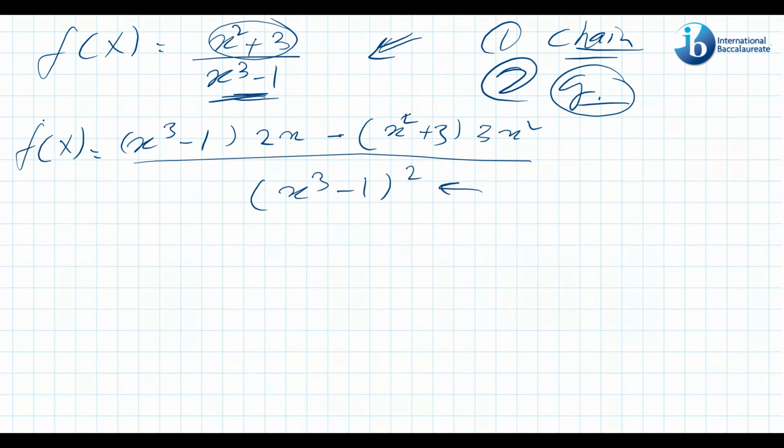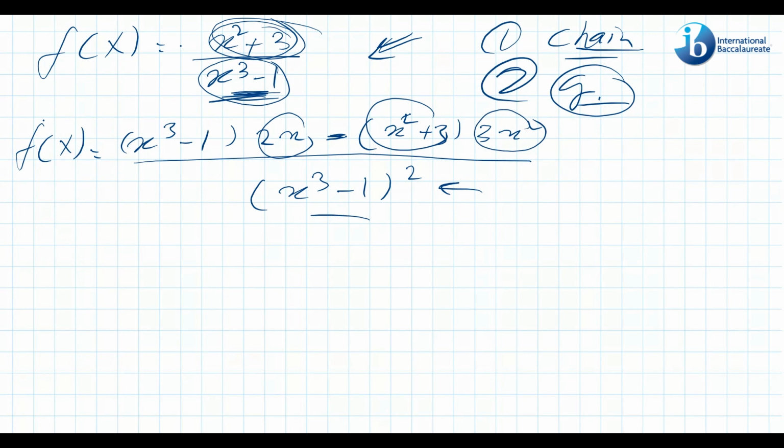Got it? Yes. Once again, the denominator as it is, times the derivative of the numerator, minus the numerator as it is, times the derivative of the denominator, and after that, square the denominator.